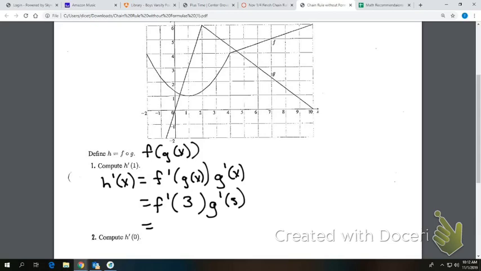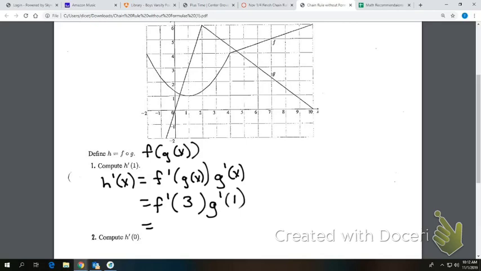Let's do g prime first, because it's the easier one. Everybody follow me on the graph of g. Here's 3. Oh, I'm sorry, guys. That's what you were saying, weren't you? This needs to be g prime of 1, because g of 1 is 3, and I got off.